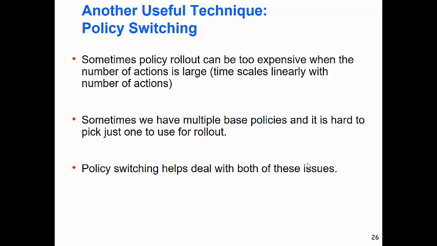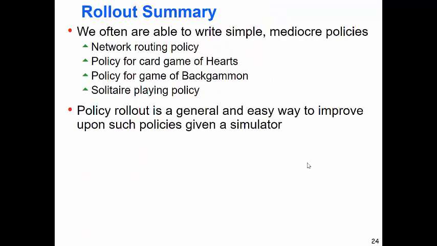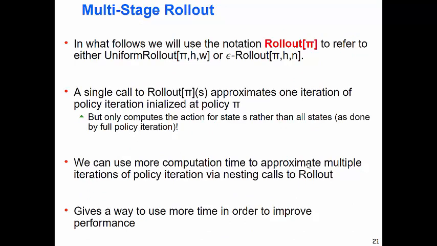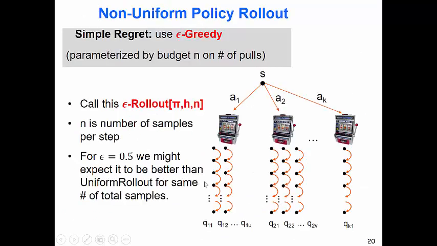The other thing that can be a problem with policy rollout, as we showed it, the most basic version, is that it's going to scale in terms of the number of actions, right? And so if you have a gigantic number of actions, you're going to have trouble. And gigantic numbers of actions often arise when the action space is combinatorial in some way.